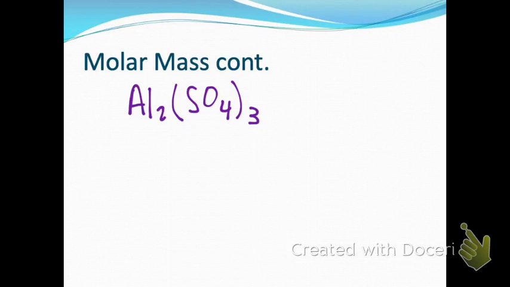Does that make sense? This is not chemically correct, but this is the picture that you need. I've got 2 aluminums and 3 of those SO4 molecules. So how many sulfur atoms in total do I have? 1, 2, 3. This 3 gets distributed. How many oxygen atoms do I have? 4 plus 4 plus 4, so I have 12.